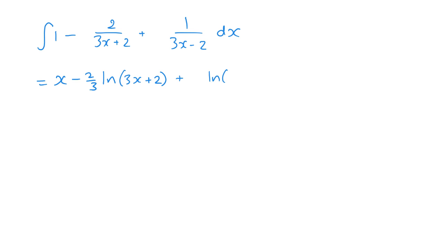And then ln of 3x minus 2. I would get 1 over 3x minus 2 if I differentiated, times 3, but I only want 1 up there, so I have to have plus a third times ln of 3x minus 2, and then remember our plus c.